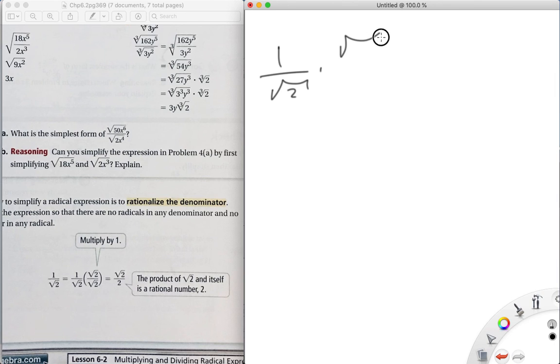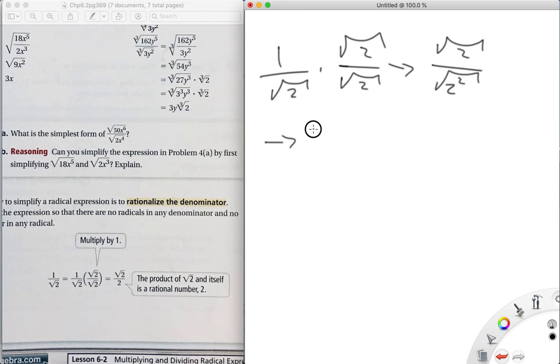We multiply it by square root 2 over square root 2, which gives me square root 2 over, these two guys cancel, right? So this is the square root of 2 squared. The square root and the square cancel, and that leaves me square root 2 over 2. This would be considered simplified because the denominator doesn't have a radical symbol.